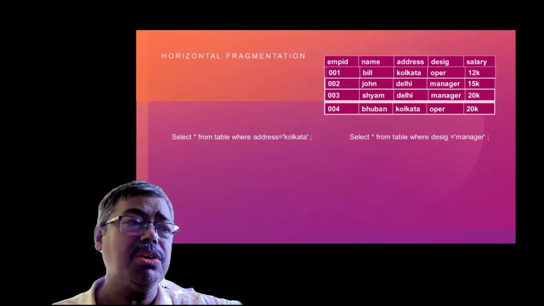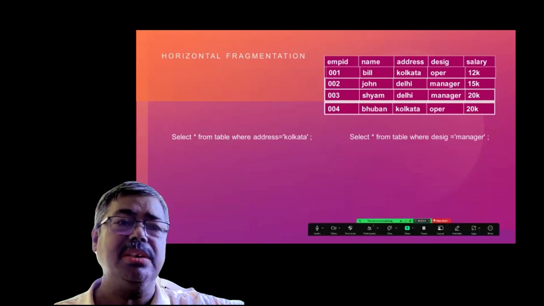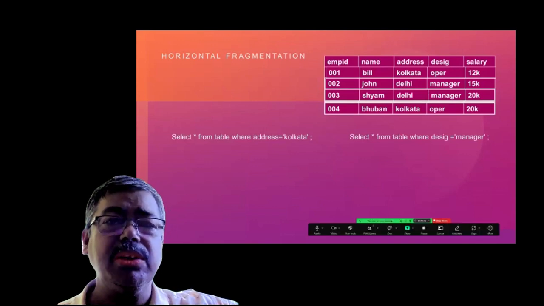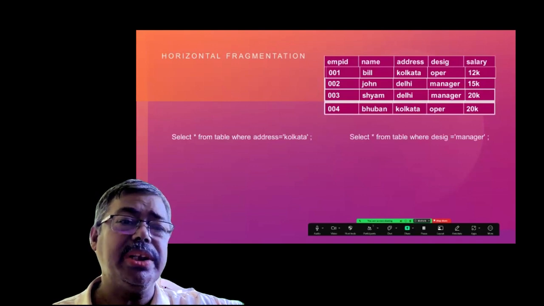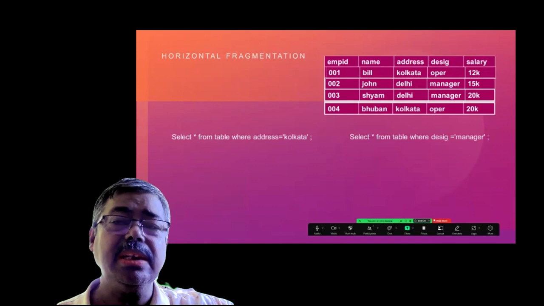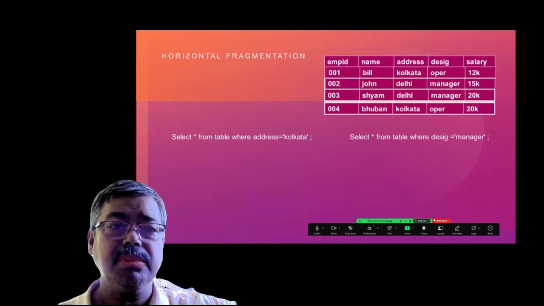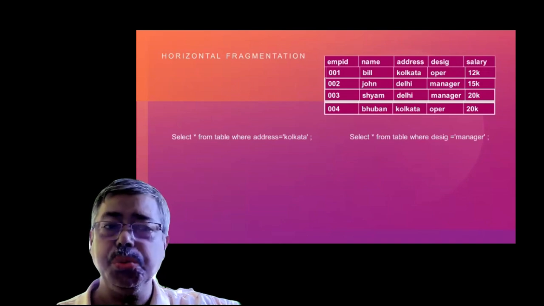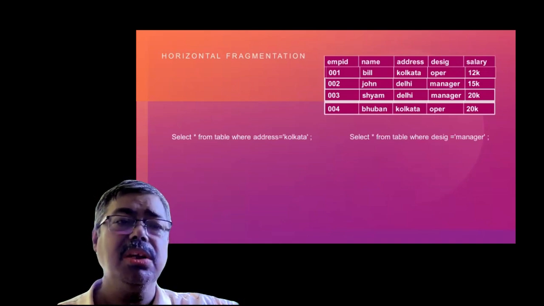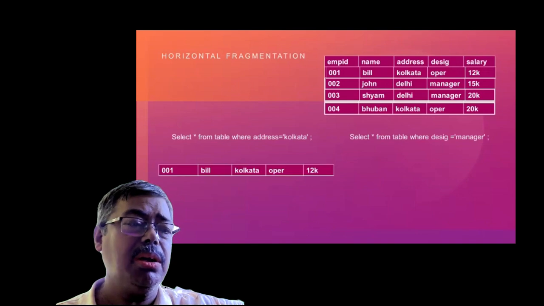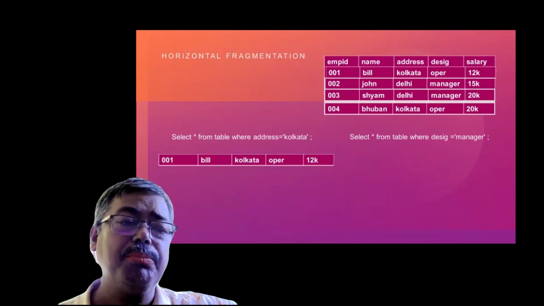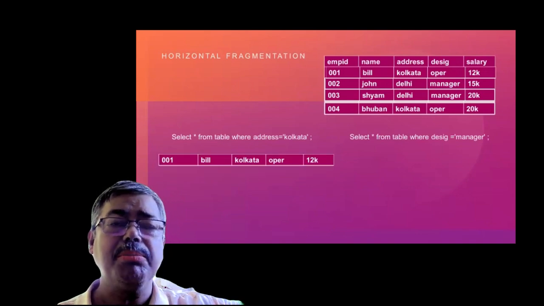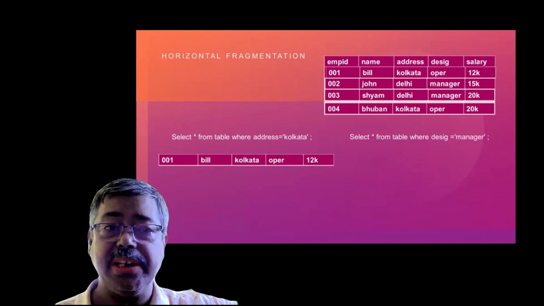Horizontal fragmentation: now the screen is showing one table containing employee ID, name, address, designation, and salary. I want horizontal fragmentation into 2. One contains the IDs of the staff residing in the Kolkata area.